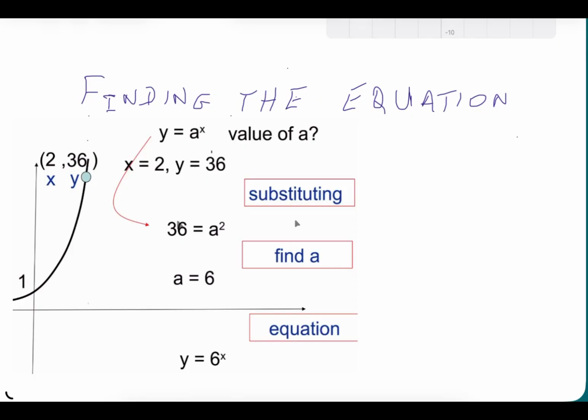So 36 equals a squared. Take the square root of both sides: a is 6, which could be 6 or negative 6. But because this is a growth function, we choose a positive, which is 6. So the equation is y equals 6 to the x. So that is some basic algebra to find the equation if you're ever given a graph.